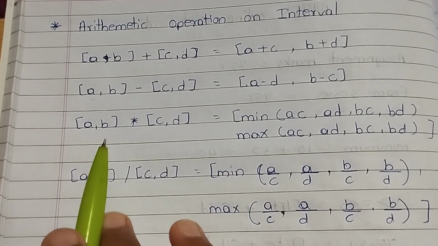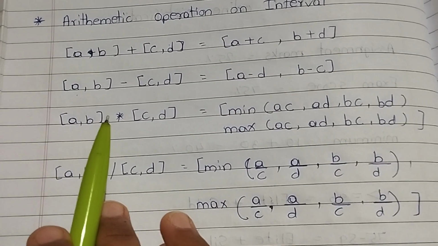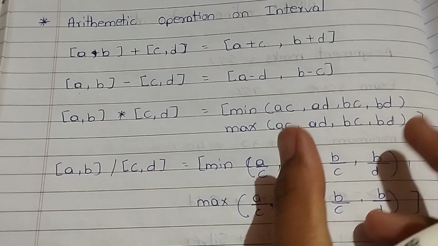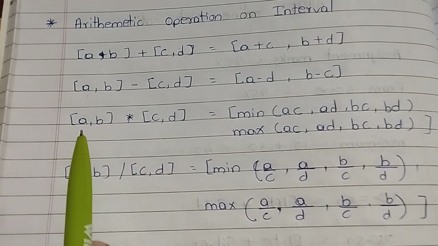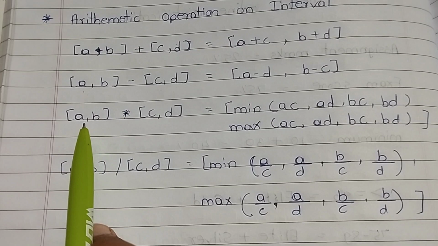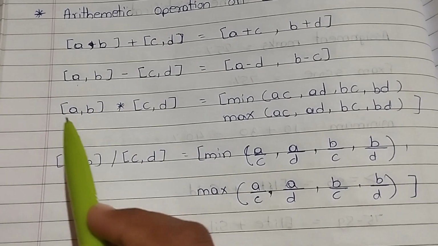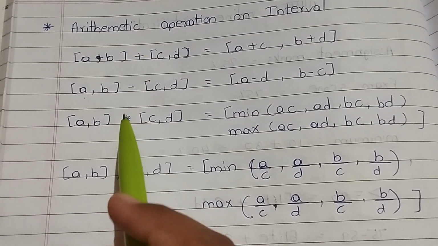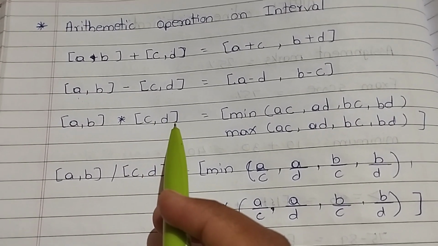Now we move to multiplication. For multiplication we want the minimum and maximum from those sets. Now how to write those sets? Let's see. First, a multiplied by c, a multiplied by d. Take the first component from the first interval and multiply by both components of the second interval.